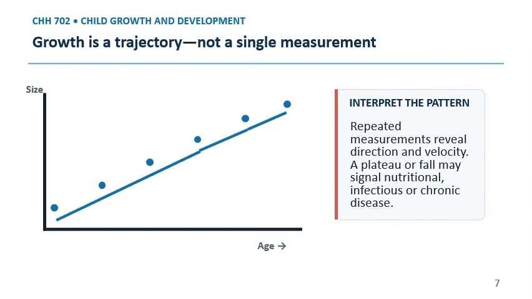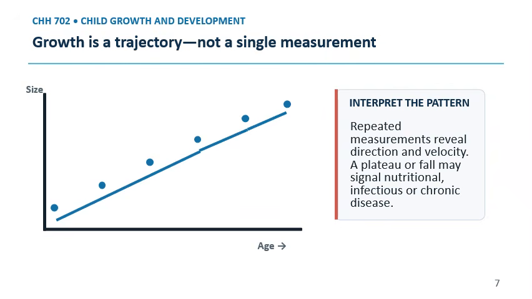Whenever a point looks abnormal, first check the foundation. Was the scale calibrated? Was the child weighed with appropriate clothing? Was length or height measured with correct equipment and positioning? Was age recorded correctly?